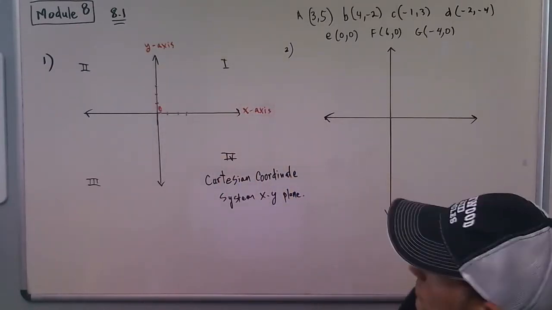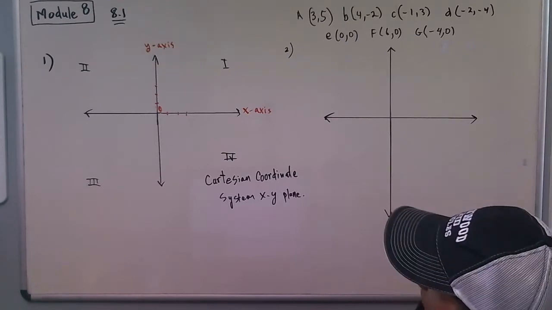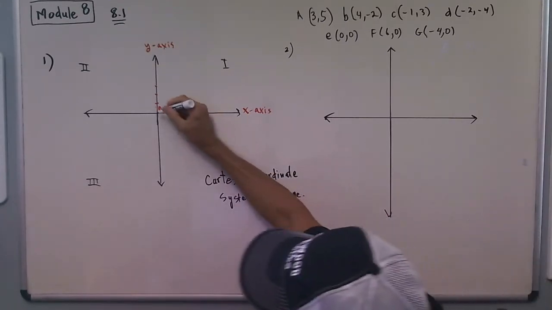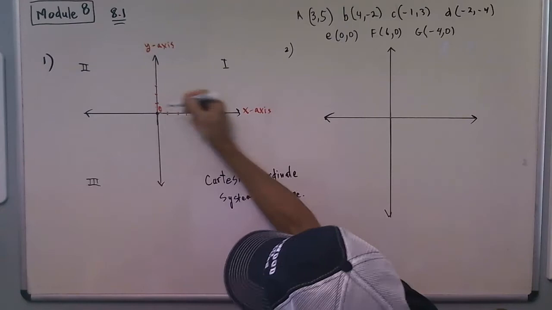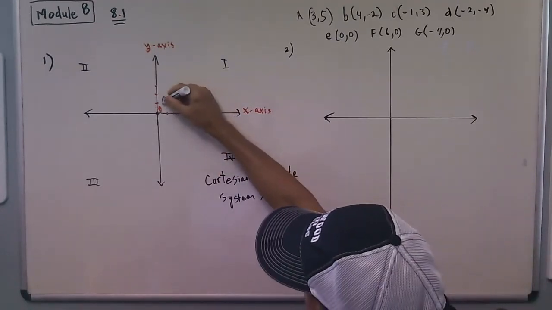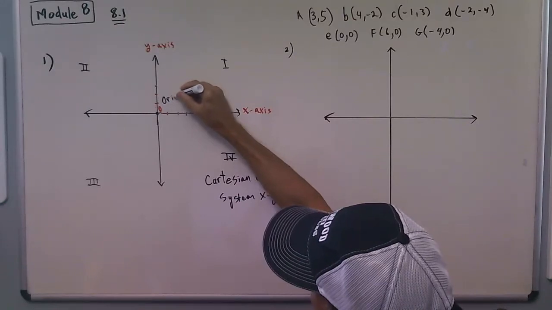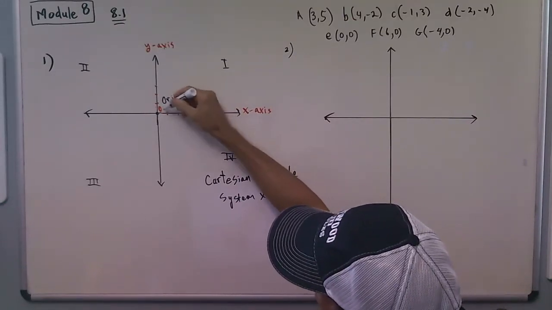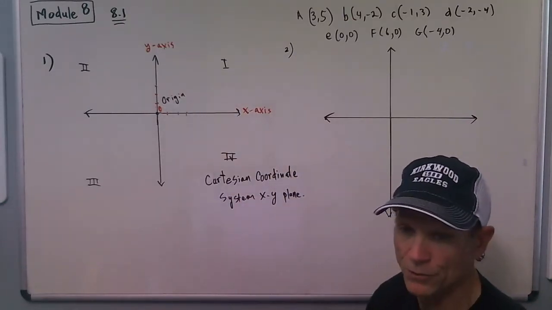Another special spot on the Cartesian coordinate system is this point of intersection of the two number lines, and that's called the origin. Sometimes you'll see a little O put next to the origin.